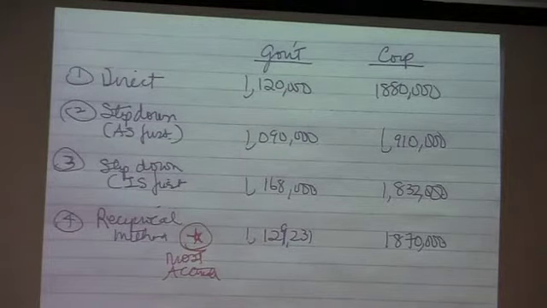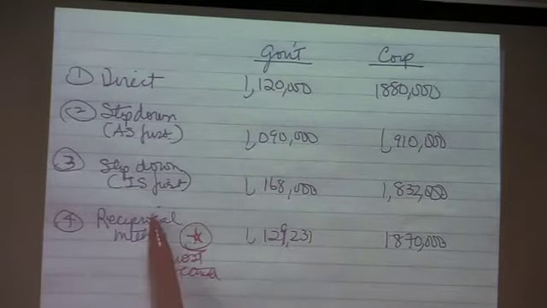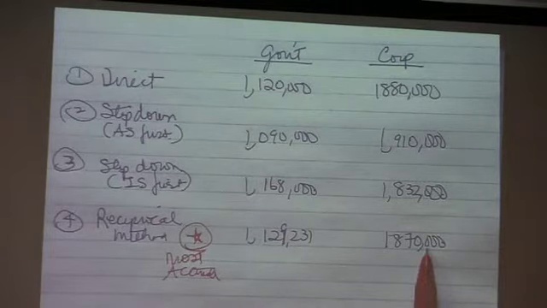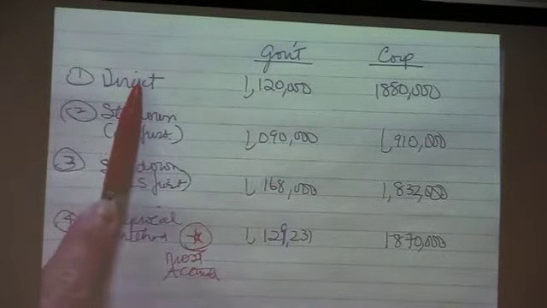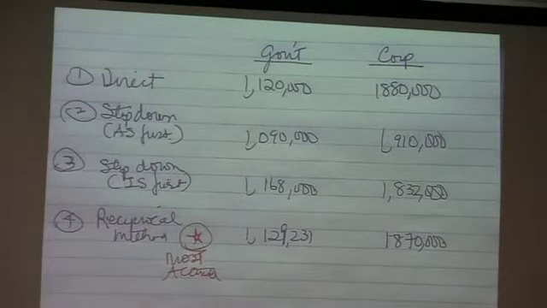And if you were to compare which one of the three is the closest, it's the direct method, which is interesting because the direct method is actually the least accurate.